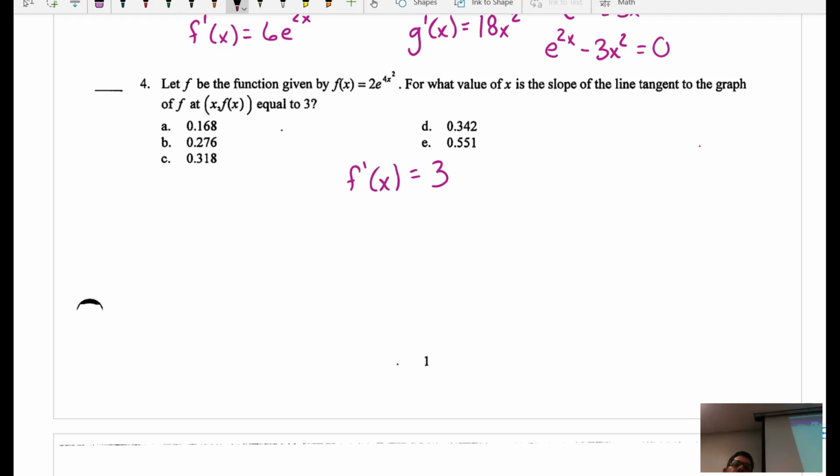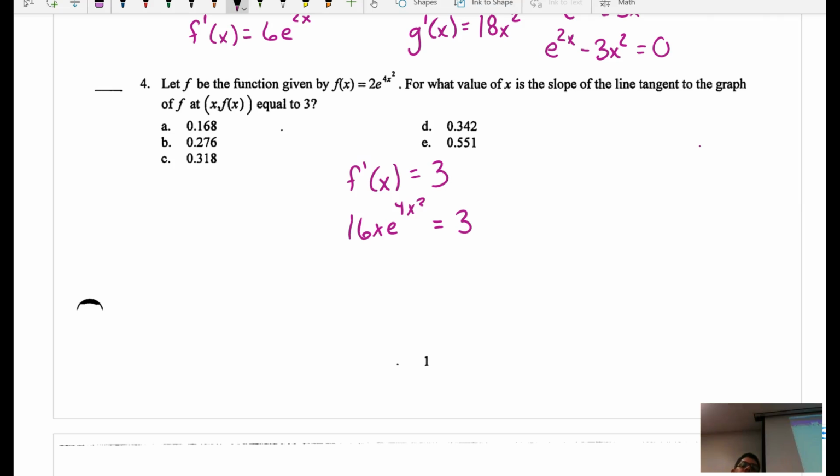What's the derivative of this function? 16x e to the 4x squared. The derivative of e to the power of is e to the power of, leaving the exponent alone, times the derivative of the exponent. Good. How are we going to solve that equation? We can subtract 3 and we can plug that into the calculator.